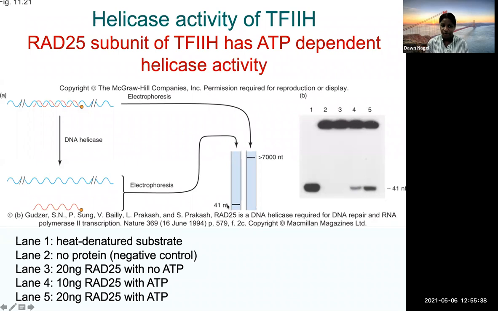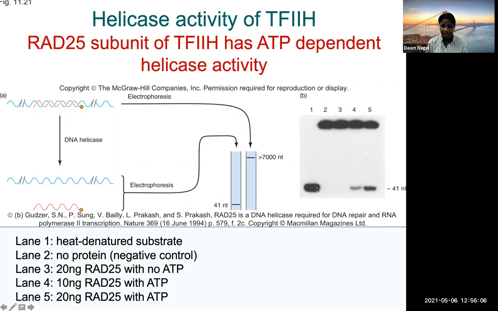So single strand is going to be smaller, and that's what you see here. It's 41 nucleotides because that's what you added. And if it remains together, you see a much larger band, okay? And that's precisely what they did here in this experiment to show that this RAD25, which is a subunit of TF2H, does indeed have this helicase activity. That's also dependent on ATP for energy.